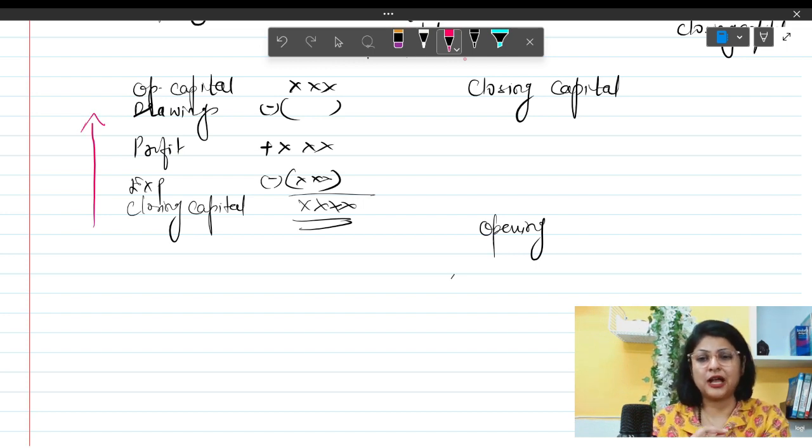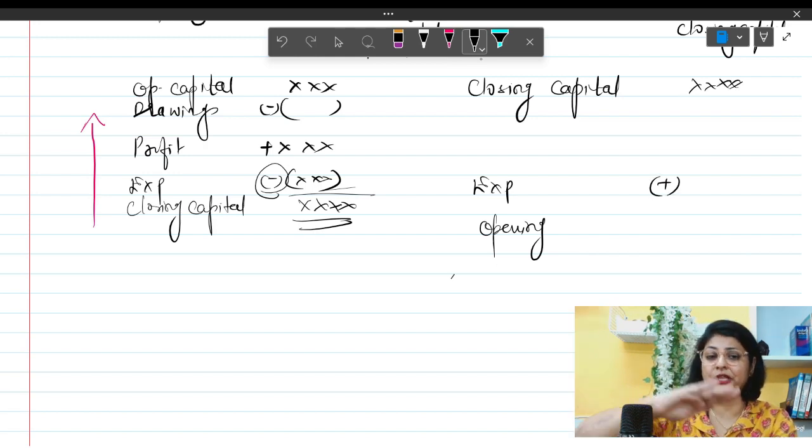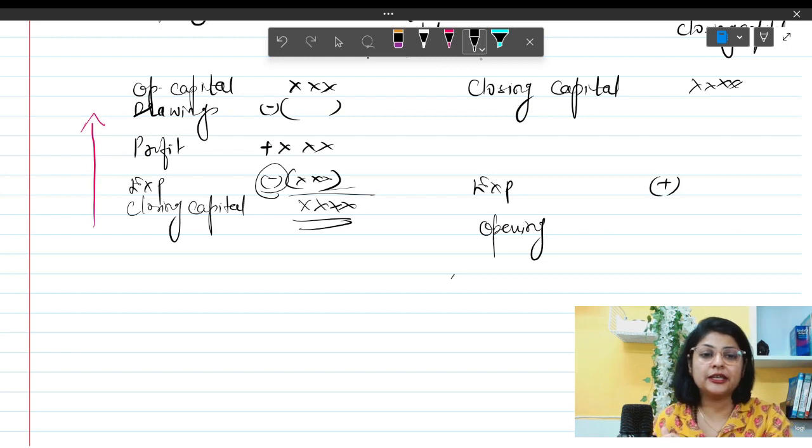So what is going to happen? If there is any expense, what treatment will I give to this expense? Initially I deducted it, but now I am going to add this amount of expense, because I have to do reverse working, I have to go upward. Profit is originally added, but over here we are going to deduct the amount of profit.